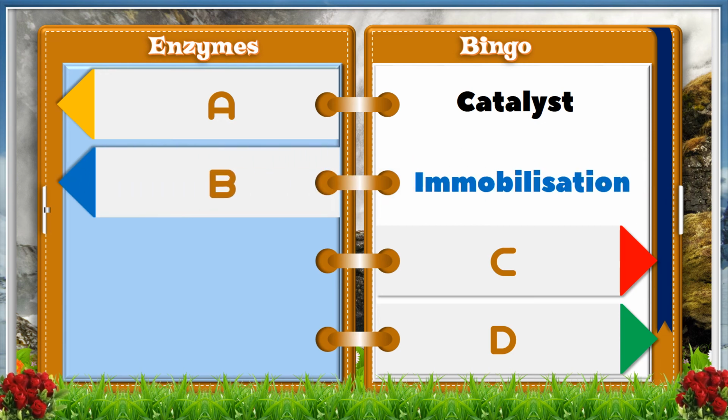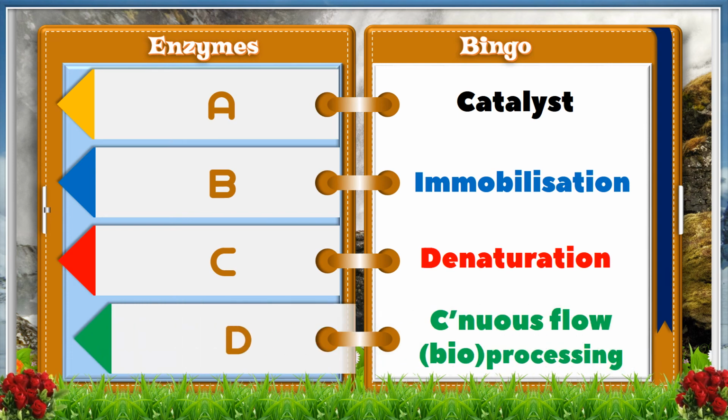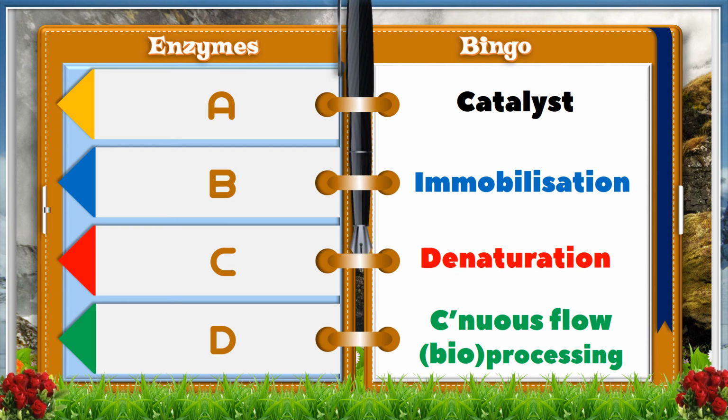B. Immobilization. C. Denaturation. D. Continuous flow bioprocessing. And the answer is D. Continuous flow bioprocessing.